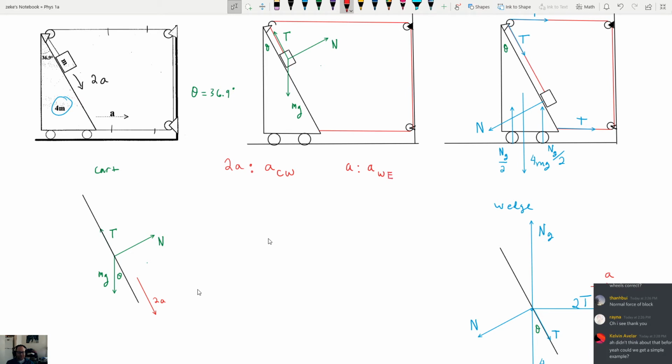So if I want to figure out the acceleration of the cart relative to the Earth, I need to add these two vectors together, and they're technically vectors. This 2A is down the ramp, and the A, the acceleration of the wedge relative to the Earth, is to the right.